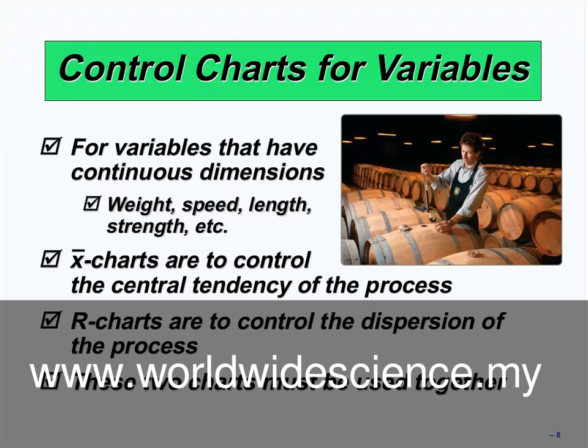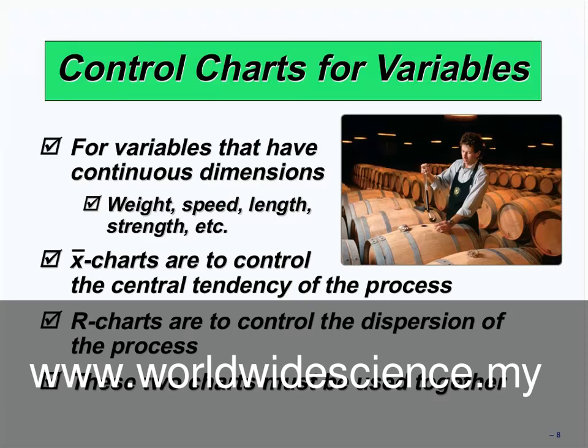Weight, speed, length, strength, and every variable can be used as a benchmark or as a criteria in the laboratory for the operation manager to see whether the process is under control or not. We can give an example in the future for better understanding. Okay, X bar chart and R chart are two control charts that can be used for a variable and that can be used by the operation manager to see whether the process is under control or not.